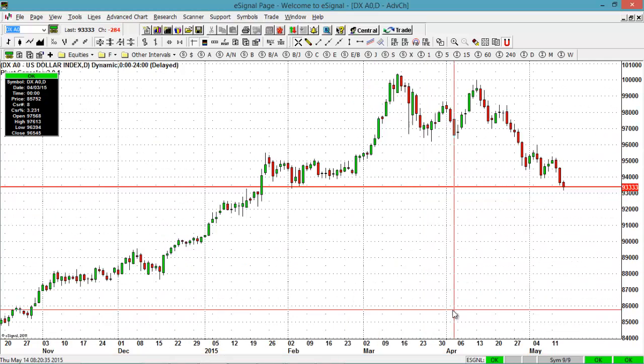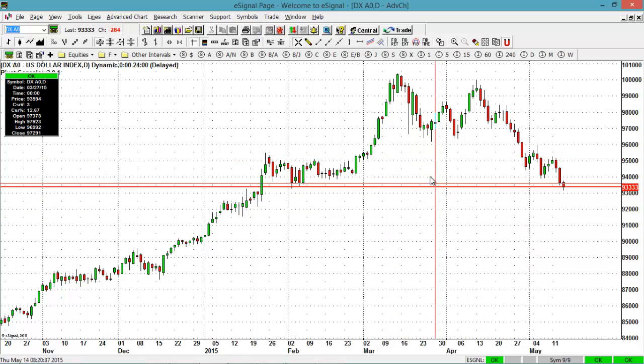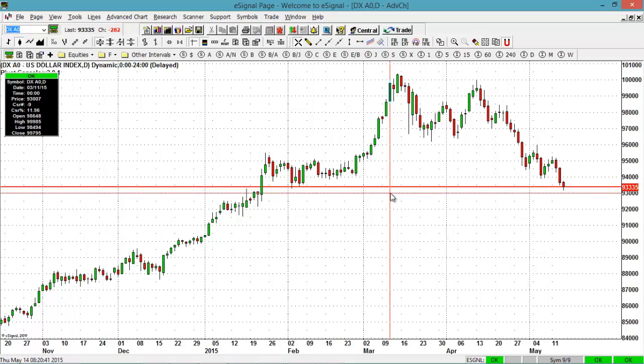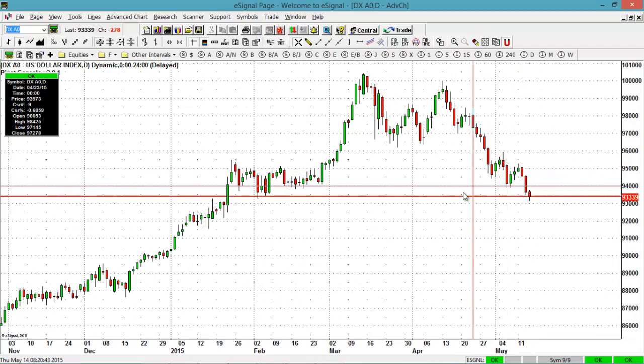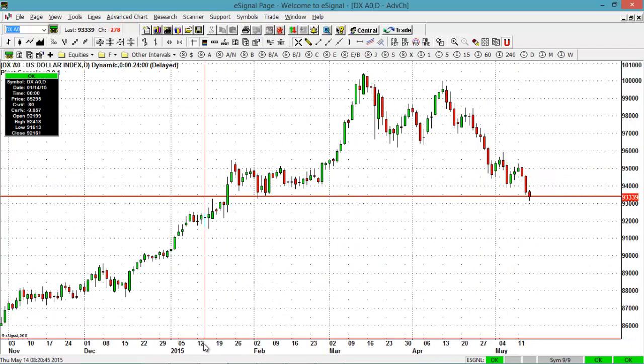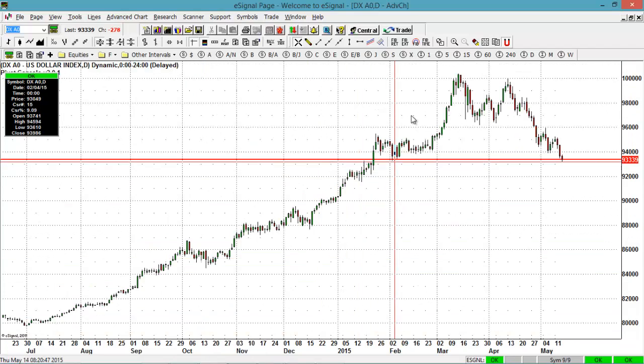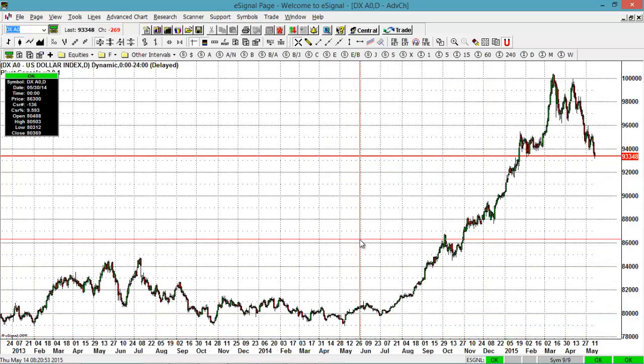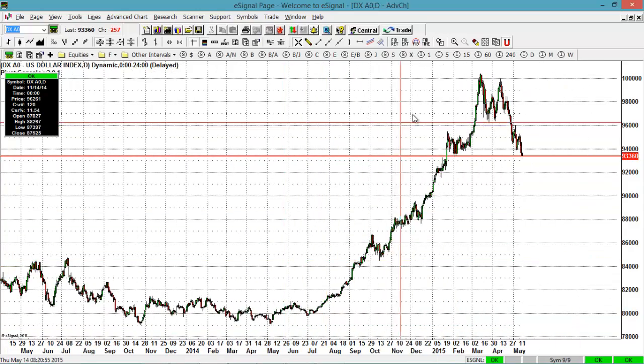Yesterday, I spoke about the fact that the dollar would test this area of support, and if we close below this area of support, that will signify that there could be further losses in the US dollar because we could be heading for a much larger pullback in the market.